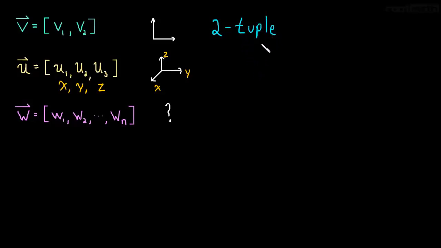And a tuple is nothing more than an ordered list of elements. V is an ordered list of real numbers, an ordered list of components. So V is a 2-tuple. It's a 2-tuple because there's 2 of them. Just like U is a 3-tuple, it's an ordered list of 3 components. And W is an n-tuple. It's an ordered list of n components.